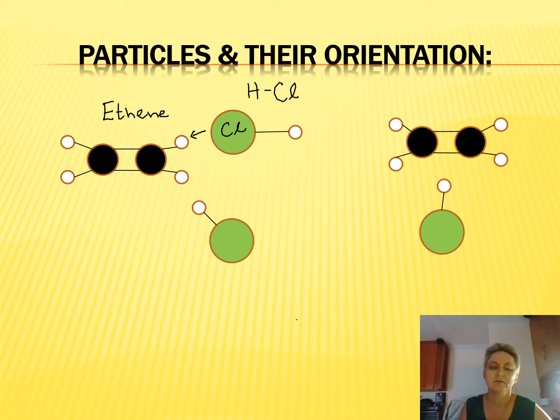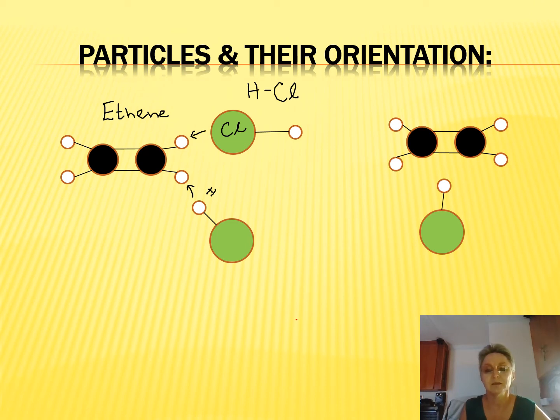And here we have hydrogen chloride, where the hydrogen part of the molecule is going to collide with another hydrogen on the ethene molecule. So this demonstrates the orientation of the molecules, where the chlorine or the hydrogen of hydrogen chloride attacks hydrogen atoms on the ethene.